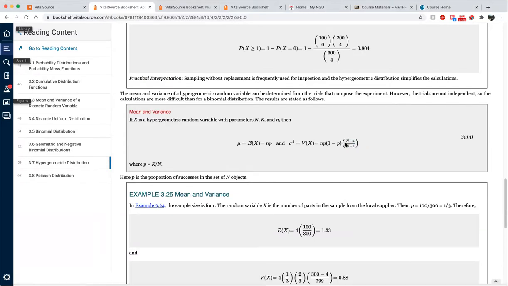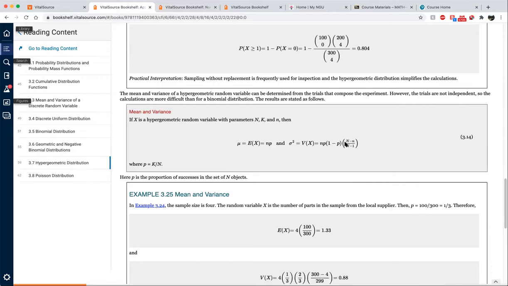So what is this fraction then? You may feel that the variance of the hypergeometric distribution must be different from the binomial distribution, so n times p times 1 minus p must be multiplied by something.